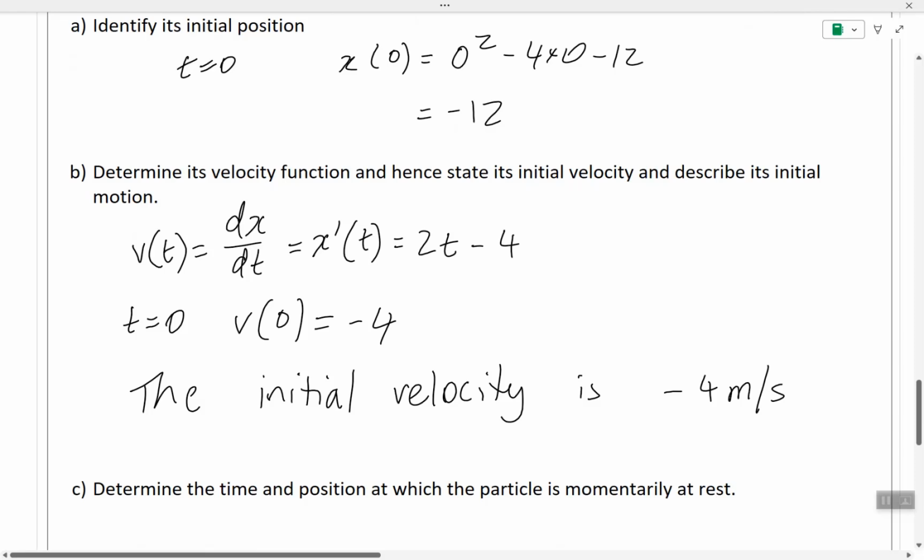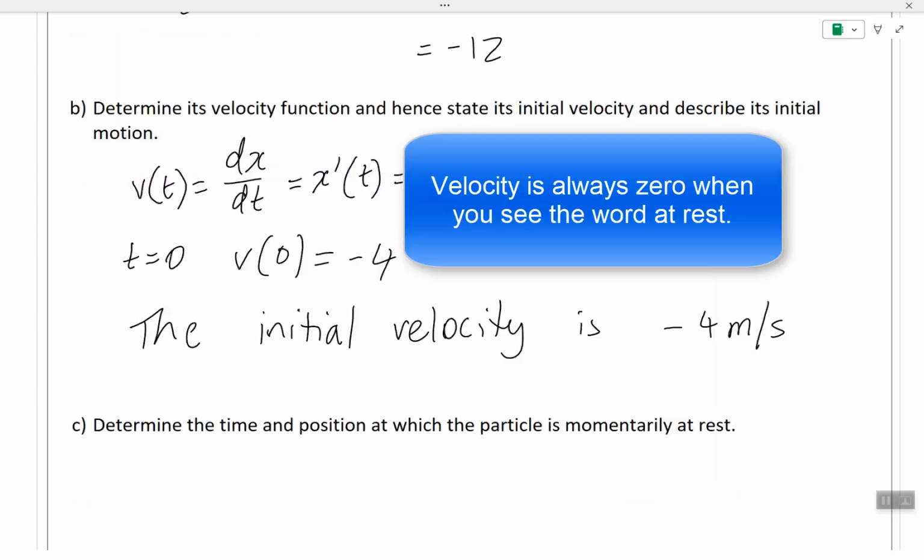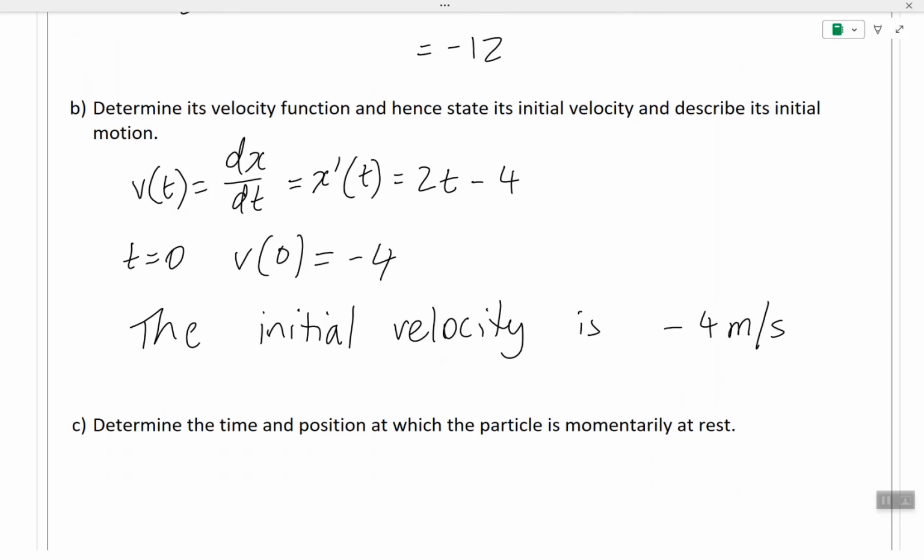The next bit, determine the time and position at which the particle is momentarily at rest. So at what time, what position is the particle at rest? What does that mean, at rest? Any ideas? It's stopped, it's not moving. So that would imply what? The velocity equals 0. If it says at rest, that means the velocity equals 0.